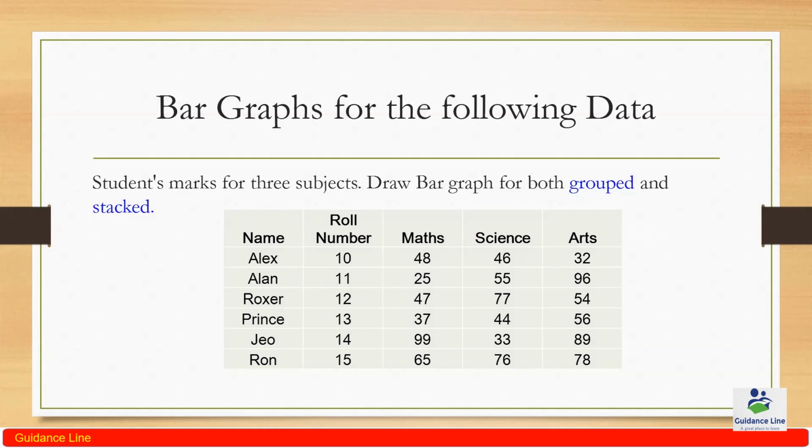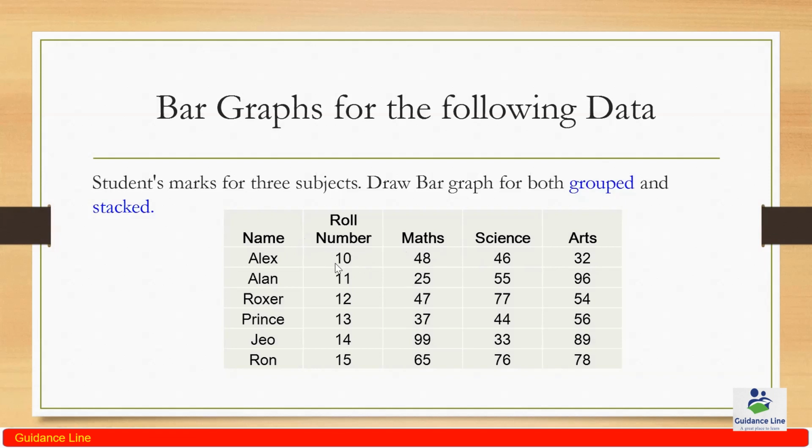Basically, bar graphs are of two types. The first one is the grouped type and the second one is the stacked type. In the grouped type, we individually represent these particular data sets for a specific header or a specific identifier.